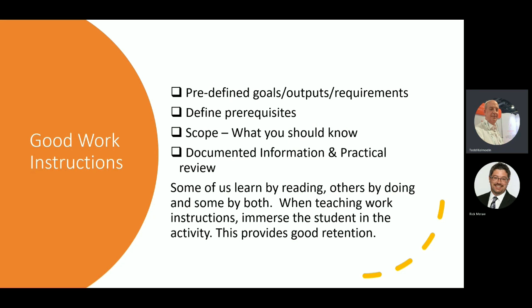Like he said, we need to define the prerequisites, which means what are we going to get out of this? And that is in the scope, what you should know when you're done. And then you should be able to use either a practical review and also a documented information review. Some of us learn by different means, right, Rick?